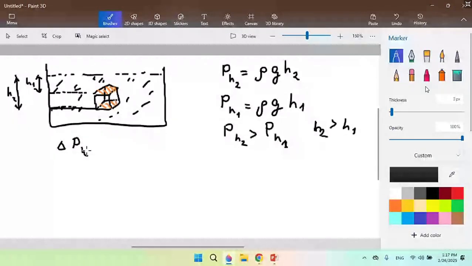So thus, let me write the pressure difference. Delta p, the symbol delta means change in. Here, delta p is what? pH2 minus pH1.